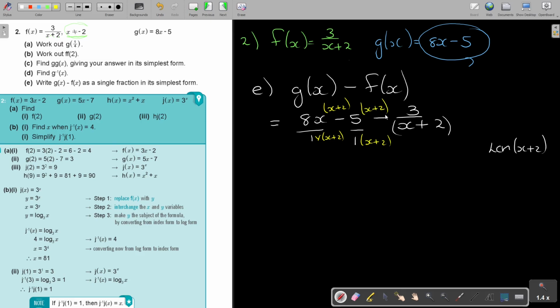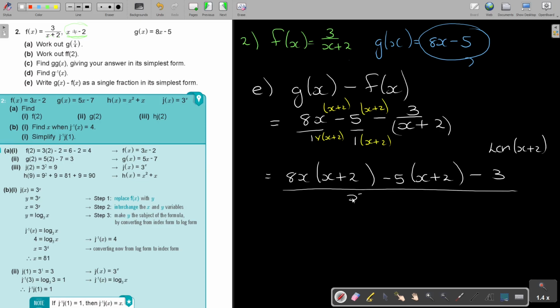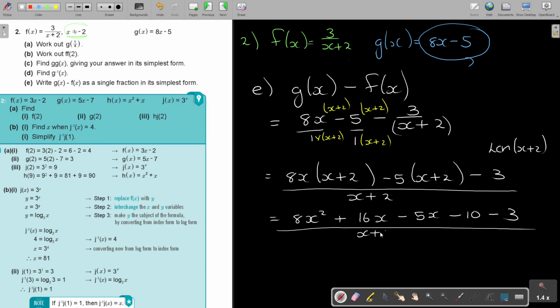So basically, I'm going to get 8x times x plus 2 minus 5 times x plus 2 minus 3 over x plus 2. And if I simplify this, this is going to be 8x squared plus 16x minus 5x minus 10 minus 3 over x plus 2.